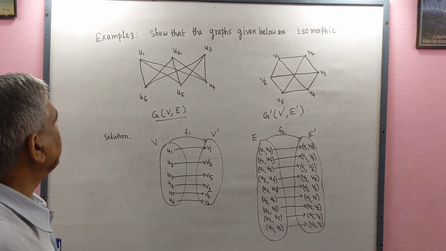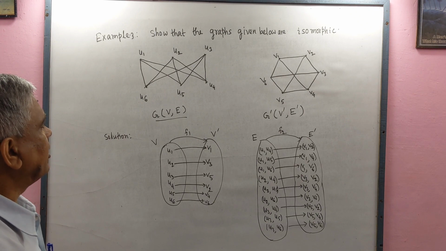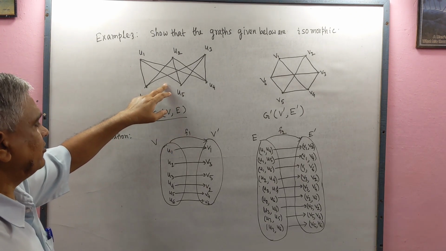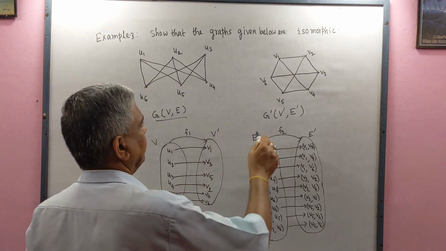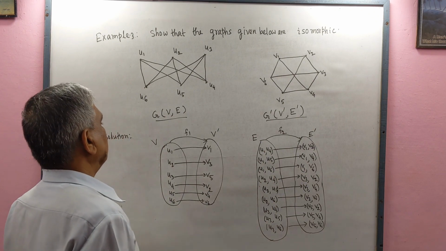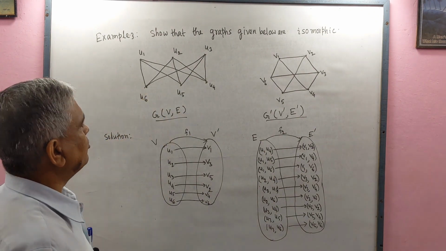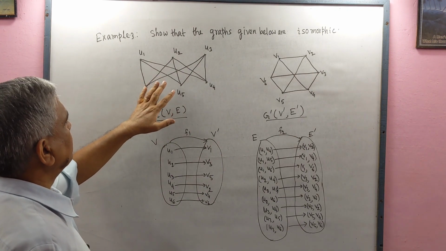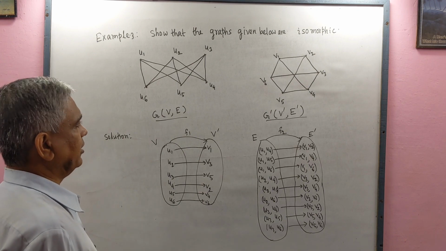Now we give an example so that two graphs are isomorphic. Here G(V, E) is a graph and G'(V', E') is another graph. We have to prove that the two graphs are isomorphic. Here we see that each vertex of the two graphs is of degree 3.